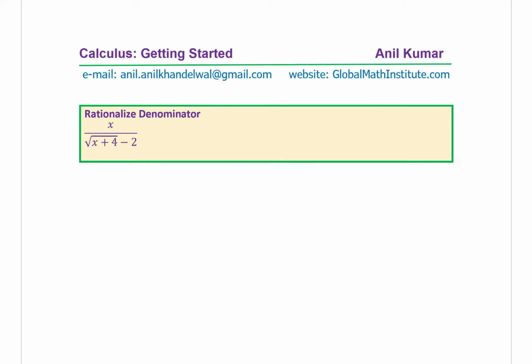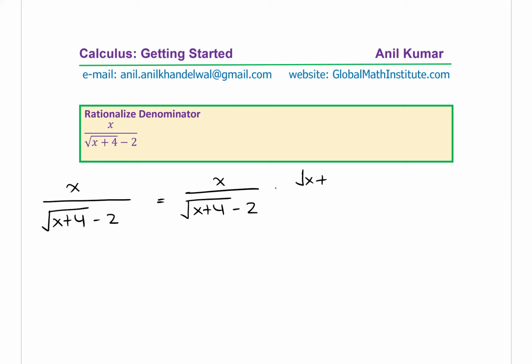Let's take another example now. Slightly complicated. In this case, we are going to rationalize the denominator. So we are given x over square root of x plus 4 minus 2. You can multiply by its conjugate, which is square root of x plus 4 plus 2 divided by square root of x plus 4 plus 2.